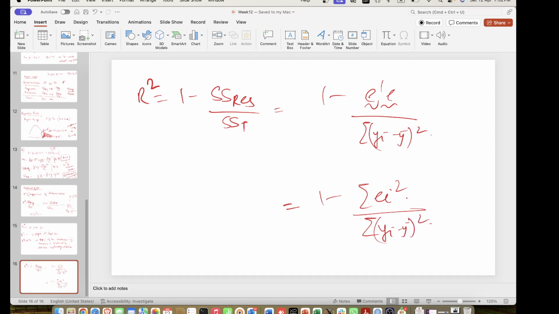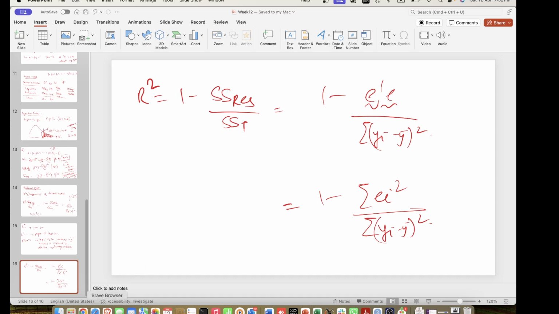Now, as I keep adding variables to the model, this E prime E is going to reduce.